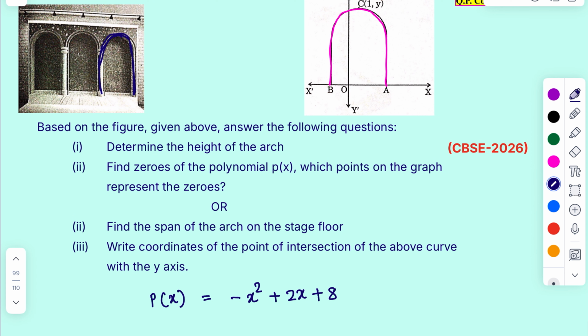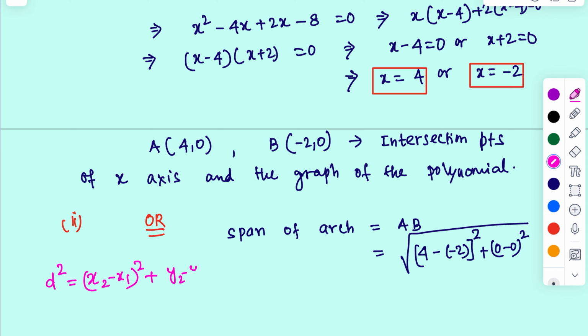If you use the distance formula, it is clearly seen it is 6. We can write the square root of 4 minus of minus 2 whole square plus 0 minus 0 whole square. That is from the distance formula. If 2 points are x1 y1 and x2 y2, then by the distance formula d square is equal to x2 minus x1 whole square plus y2 minus y1 whole square.